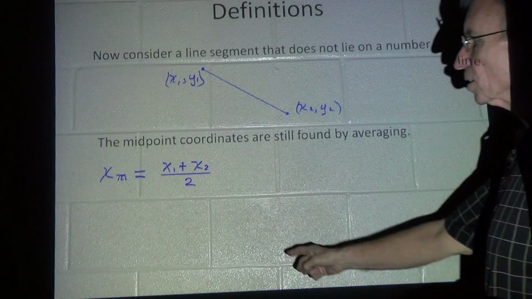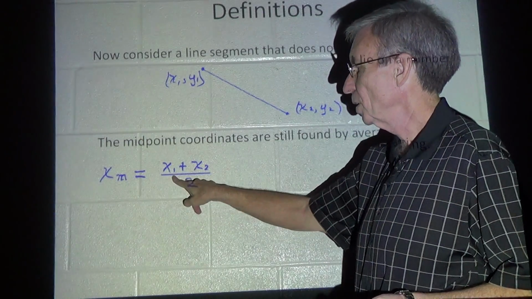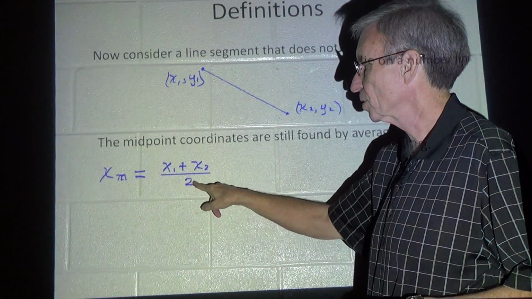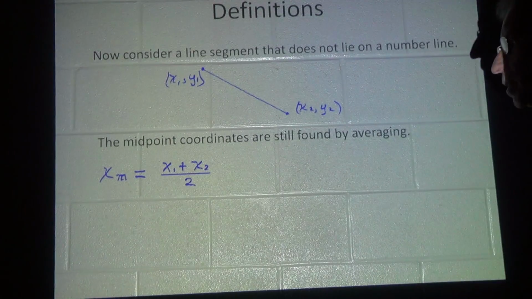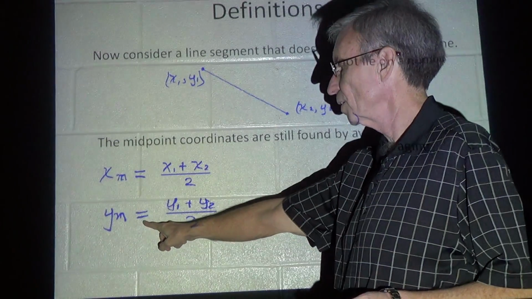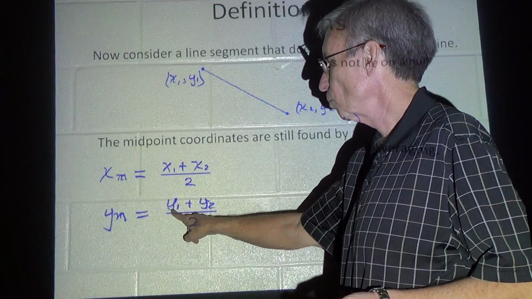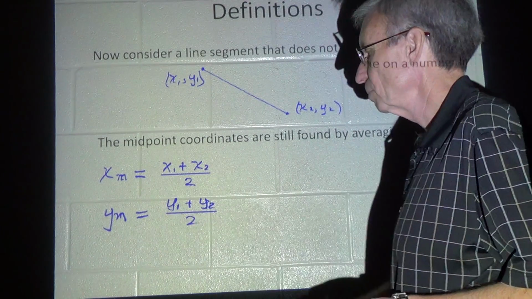So to find the x coordinate of the midpoint, we average: x1 plus x2 divided by 2. And to find the y coordinate of the midpoint, we take y1 plus y2 divided by 2.